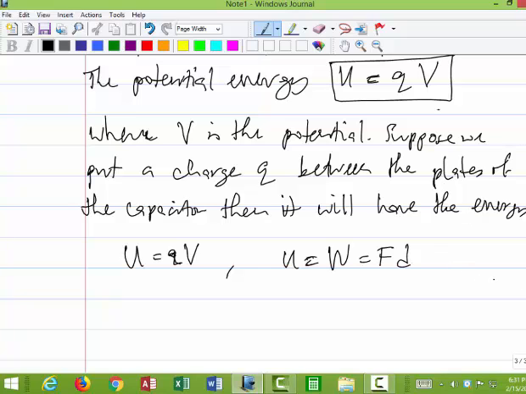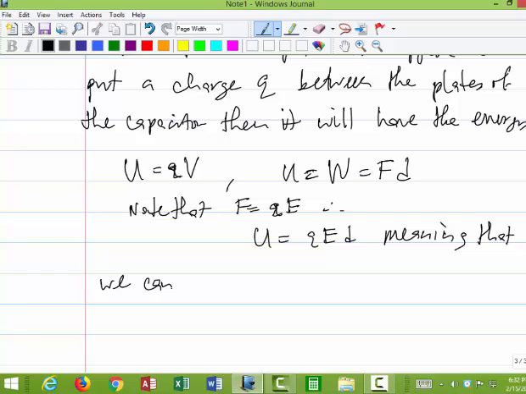So W is equal to force times distance. I'm going to use distance D, but in your text they use S, starting from S equals 0, but we can use D. So note that F is equal to Q times E. Therefore, U is equal to Q E times D, meaning that we can write V equals ED.